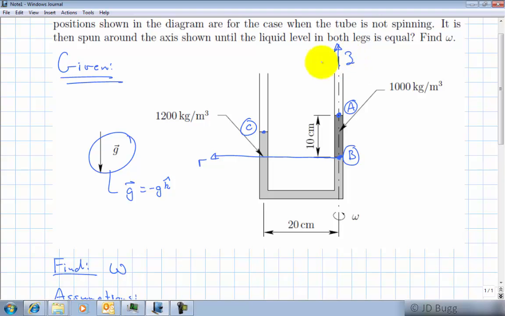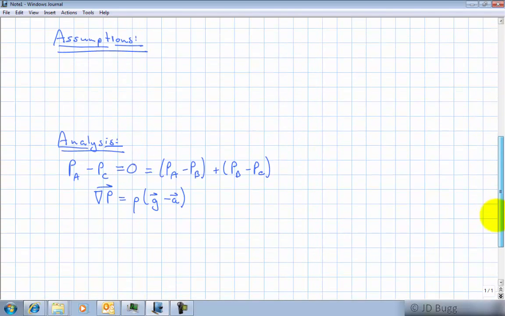Notice the z is pointing up, so k is the unit vector in the z direction, and this g is in the minus k direction. So we'll make a note of that down here as well: g equals minus g k. Now notice, because I pulled out the basic hydrostatic equation here, I need to say that the fluids are in a hydrostatic state.